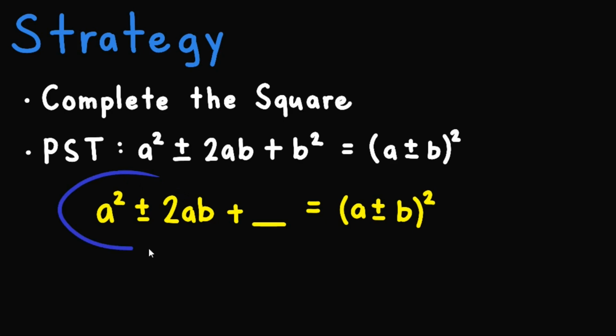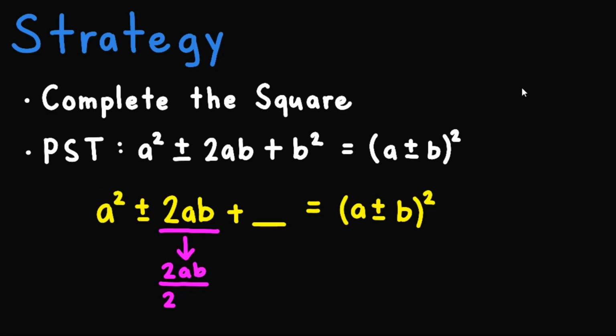Given only these two terms, how can we obtain b squared? Well, what we can do is focus on the middle term and divide by 2a to obtain b. Or in other words, we divide this by 2 times a, where a is the square root of the first term.